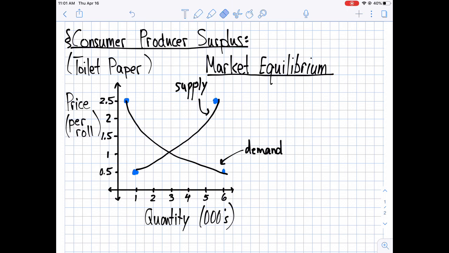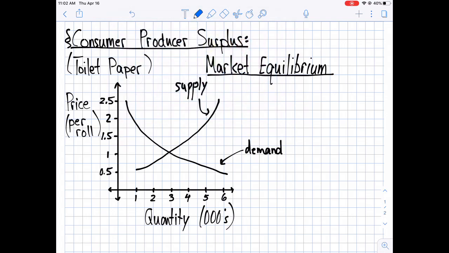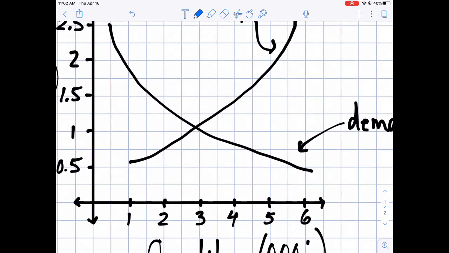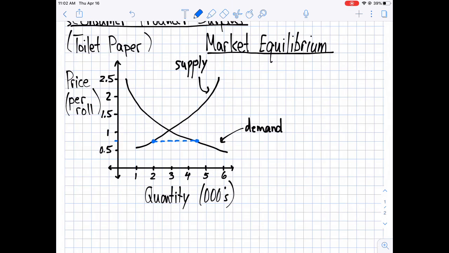Okay, so let's clean this up a little bit, and we're going to take a look at what happens in a particular situation. Let's suppose that we end up having a sales price of maybe 75 cents. So if I look here at 75 cents, this would be the intersection of 75 cents with our supply curve and our demand curve.